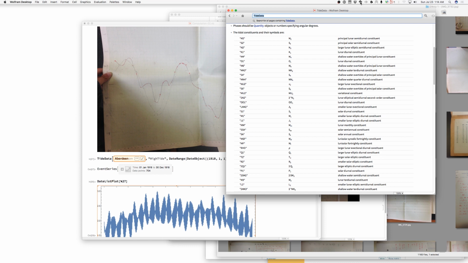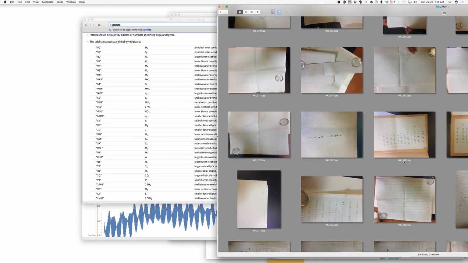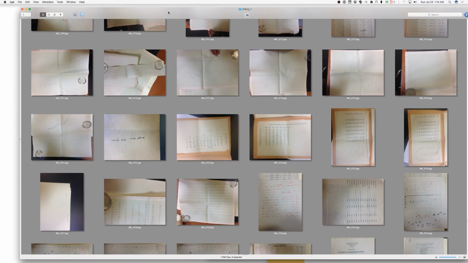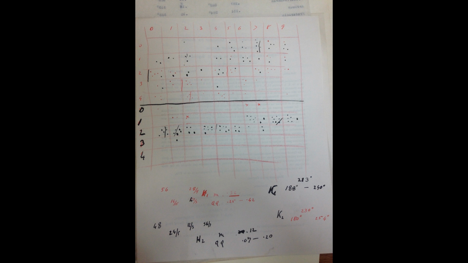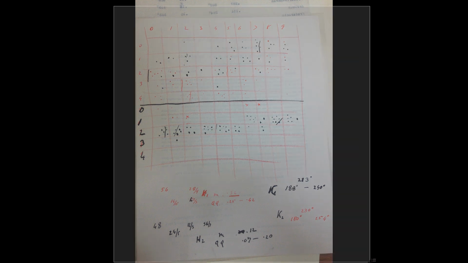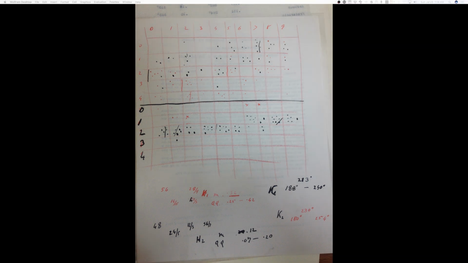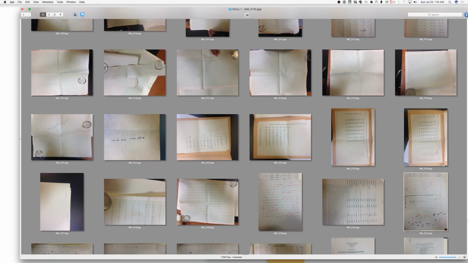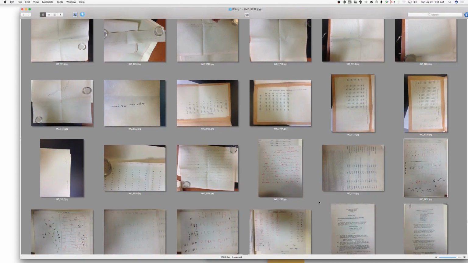Was it H2? I think it was H2. So I'm sure those things haven't changed in terms of their nomenclature. K2 and H2. Huh. So those are tide components, presumably.